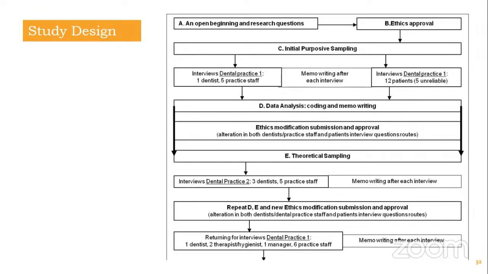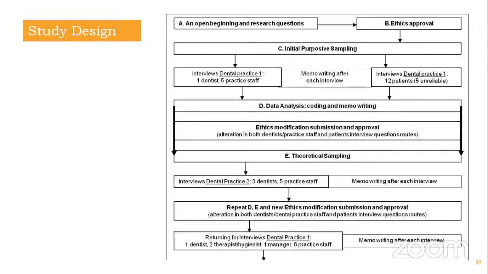Then in the next stage, they did data analysis by doing coding and memo writing. So this coding and memo writing were done in the next stage, and they identified that there were some gaps. They needed to improvise their approach. So they improvised it.